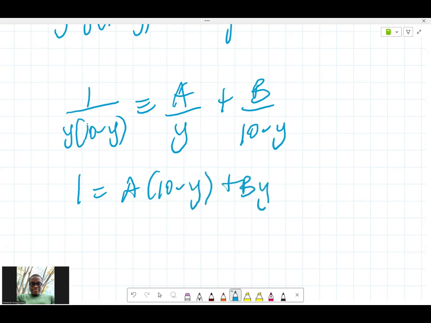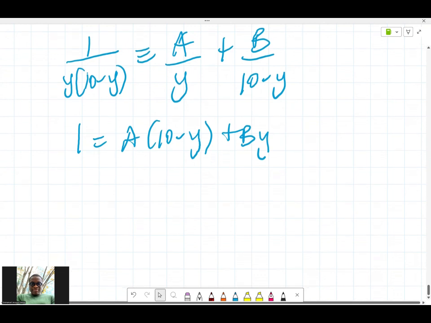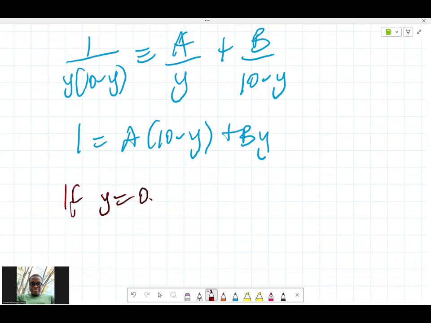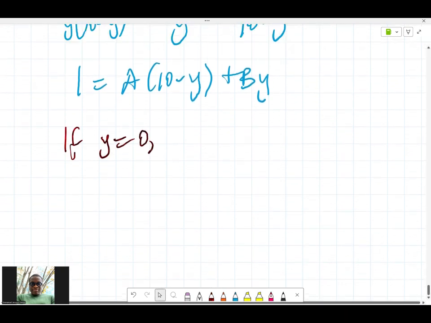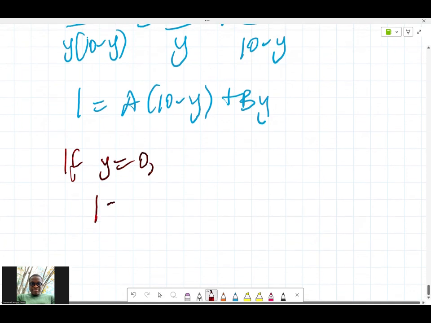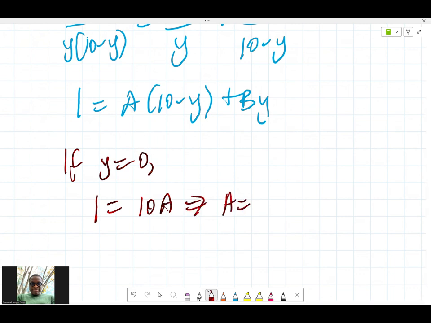So we can then use the cover up method. If y is equal to 0, the B term automatically goes out and we have 1 equals 10A, and that implies that A is equal to 1 over 10.